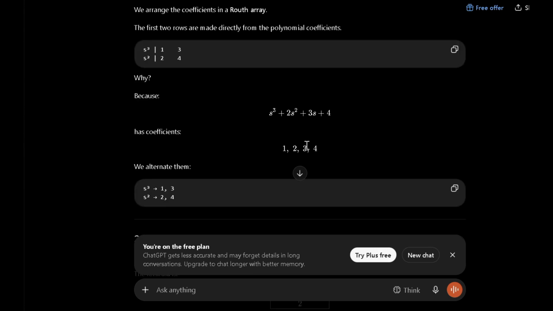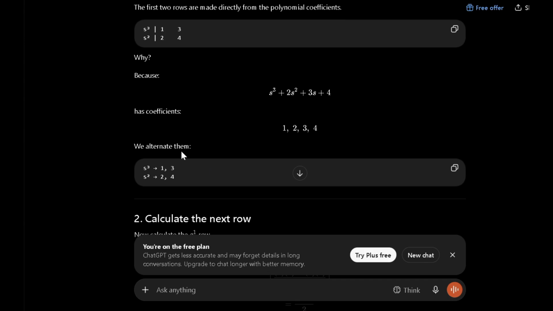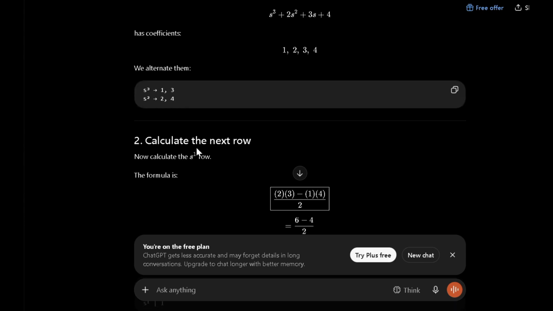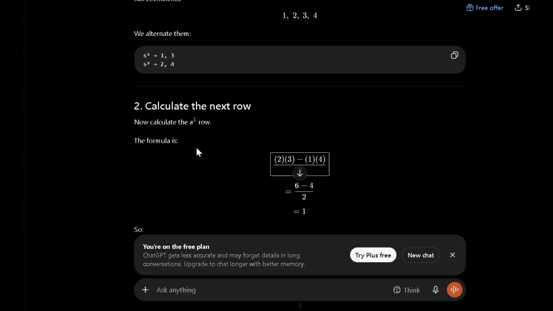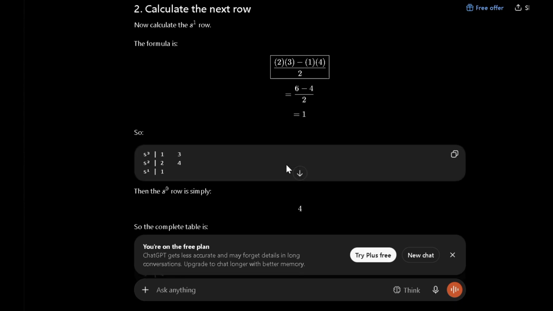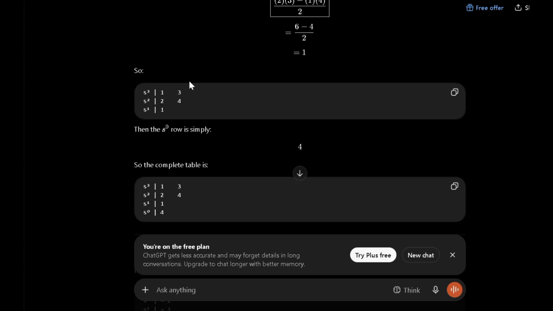Now calculate the s^1 row with the formula: (2 times 3 minus 1 times 4) divided by 2 is (6 minus 4) by 2, which equals 1.